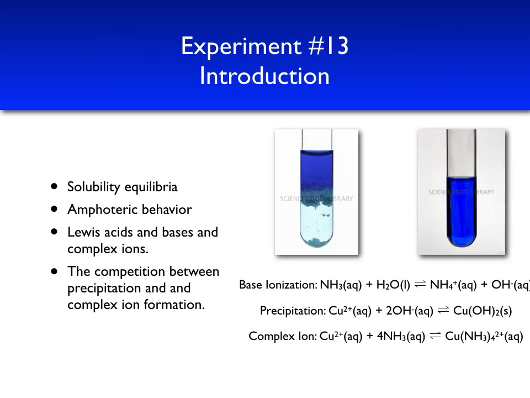In this qualitative analysis experiment, there are several types of phenomena that we can observe occurring in solution. The first deals with solubility equilibrium. You might have learned in lecture that a compound that is generally described as being insoluble in water, according to our solubility rules, has a very small solubility product constant, or KSP value, and is generally very unfavorable to dissolve in water.